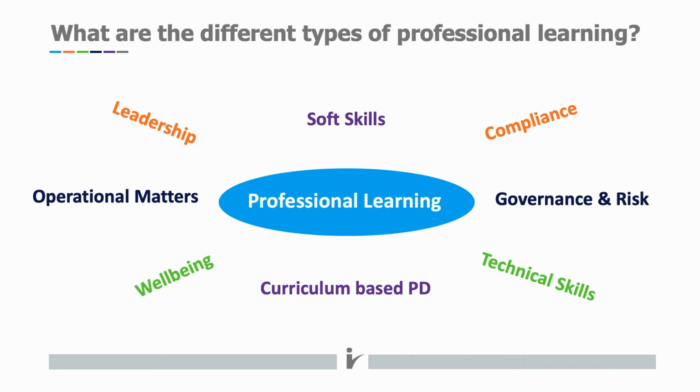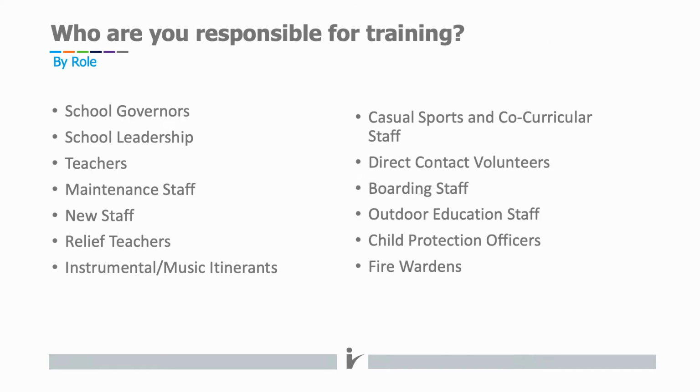So if we move to the next slide, we'll be able to see that looking at who you are responsible for training helps understand this as well. You can look at the subject matter or you can look at the person in the roles. And this slide here relates to types of professional learning that are role-based.